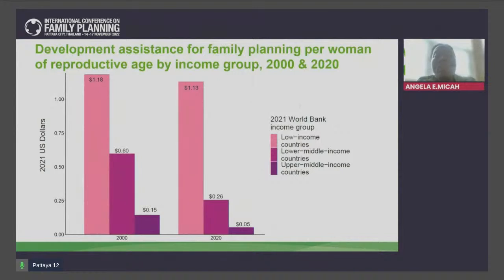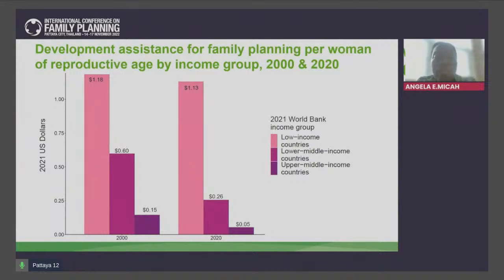We also have slides that look at aggregate spending per woman of reproductive age, how many resources have targeted women of reproductive age across income groups over time. This figure compares contribution levels in 2020 with those in 2000.